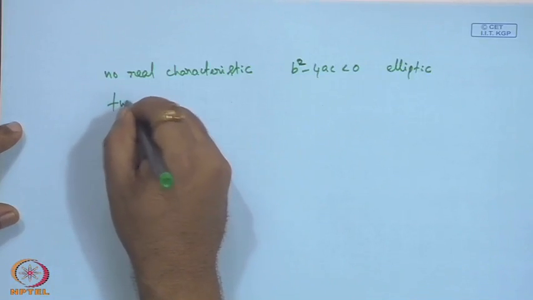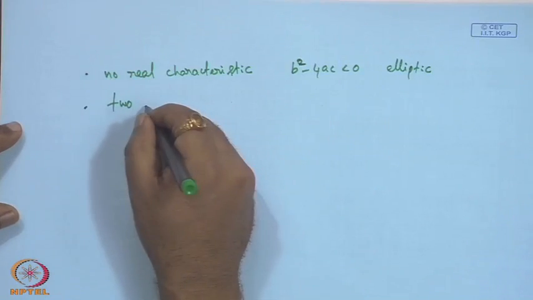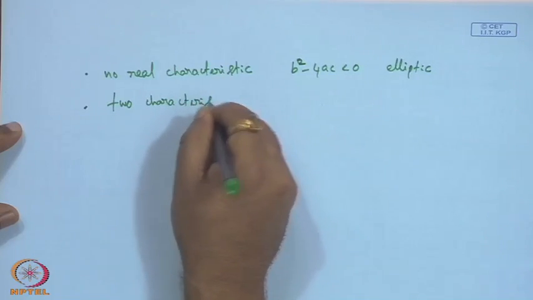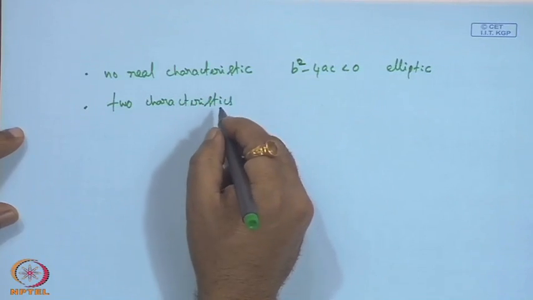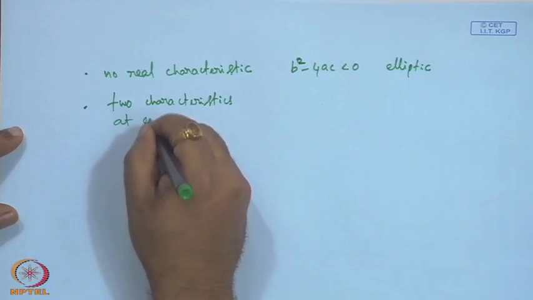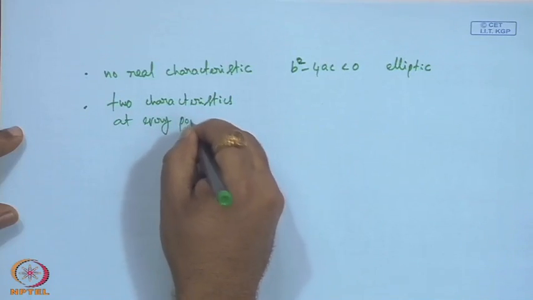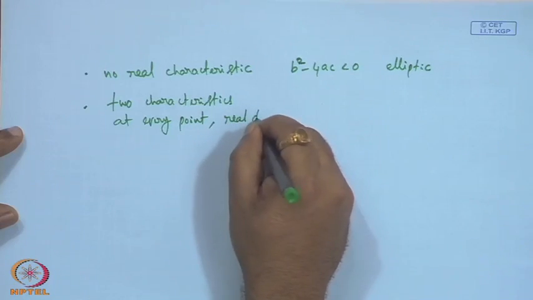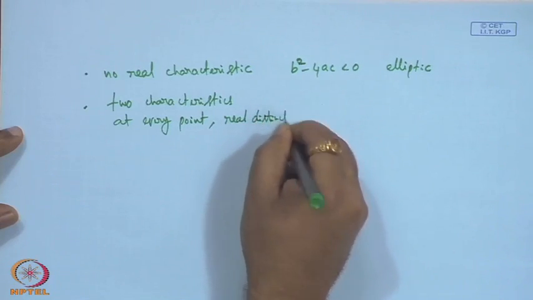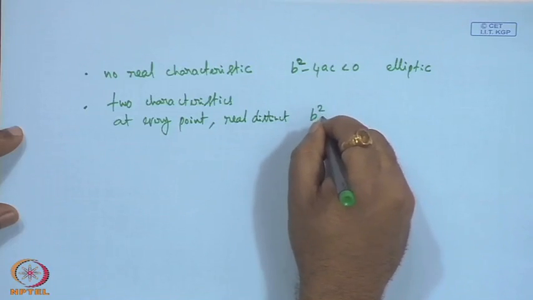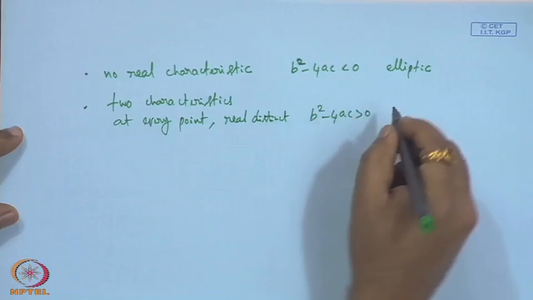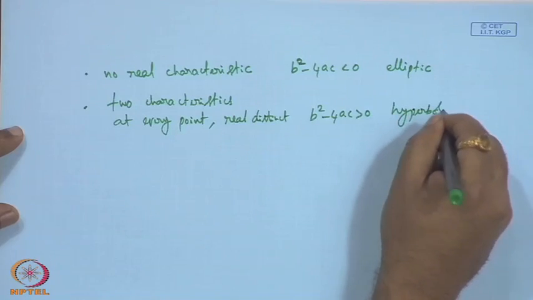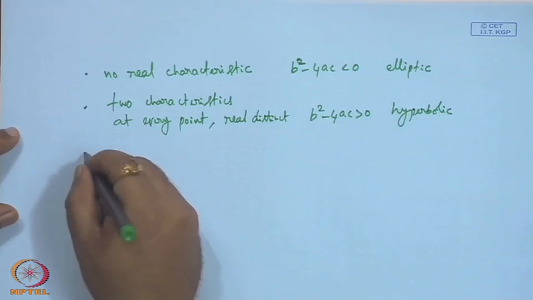And another case, case 2, characteristics at every point and they are real distinct roots. This is the case of real distinct roots, so b squared minus 4ac greater than 0, and this is the case of hyperbolic.